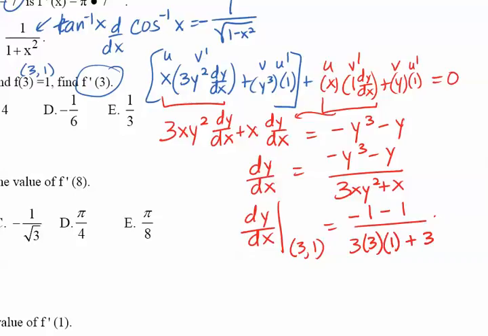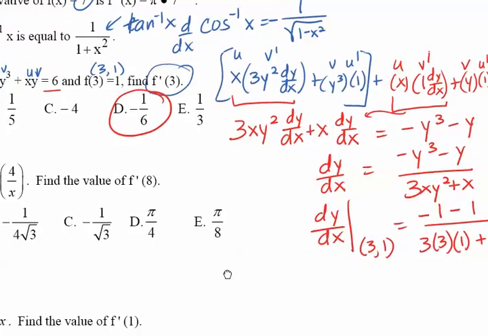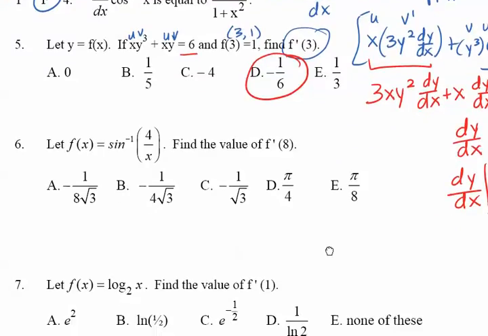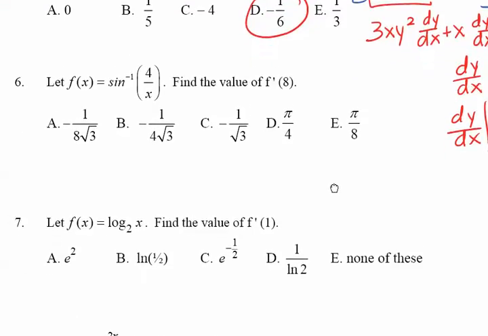So it looks like our numerator is a negative 2, and our denominator is a 12. So hopefully we have a negative 1/6 up here as a choice. So we're going to take letter D in our multiple choice question.